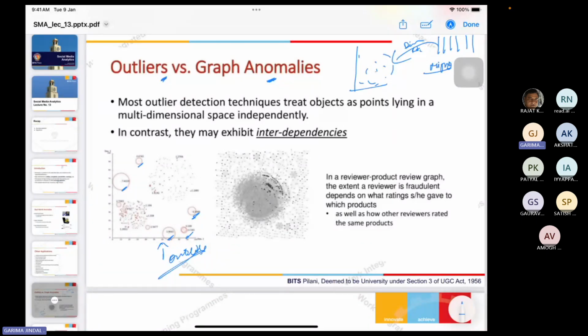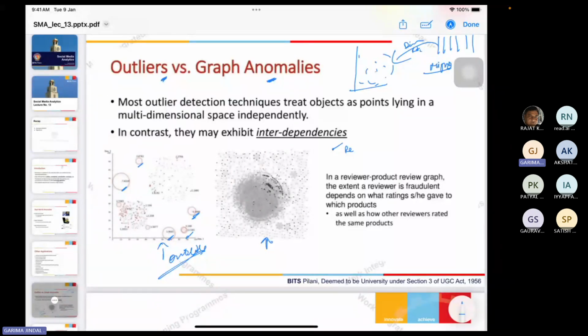But when we have social networks associated, when we have network data, the data related to which person is connected to which other person, so when we have relationship data along with the attributes, this problem becomes a little more complicated to solve. Why? Because we need to consider these connections and structural properties when we are trying to identify the anomalies.